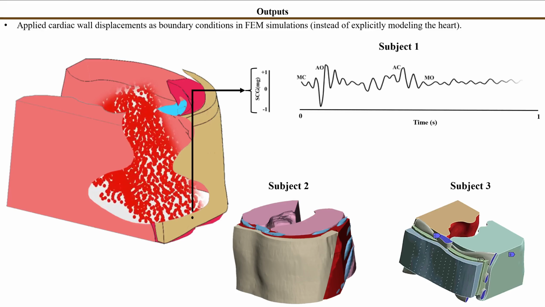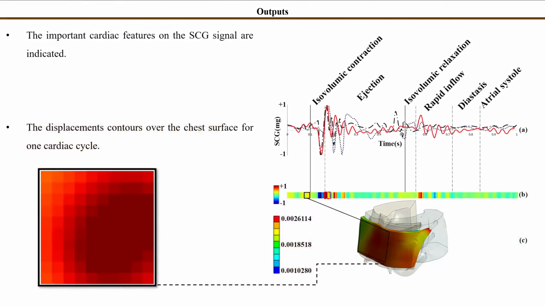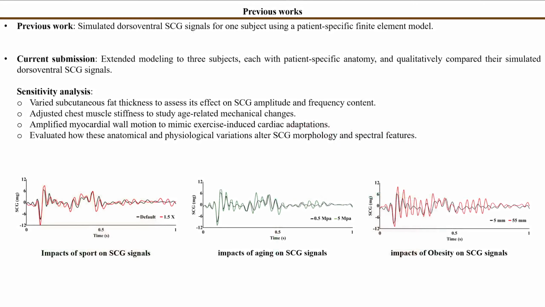Here it shows how SCG signals for 3 subjects are modeled. Here we also visualize the displacement contours across the chest for a full cardiac cycle that highlights how local heart motion propagates outward to measure vibrations on the chest surface.